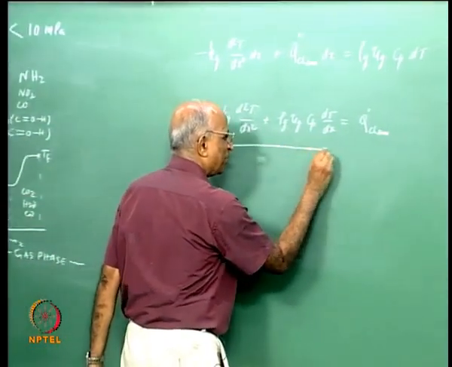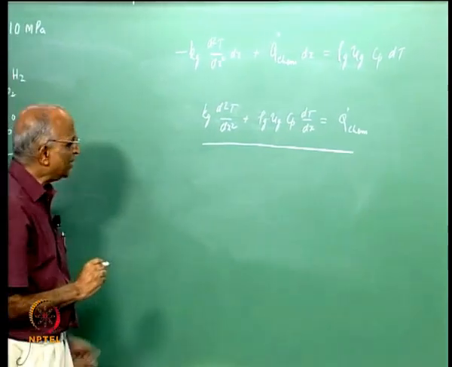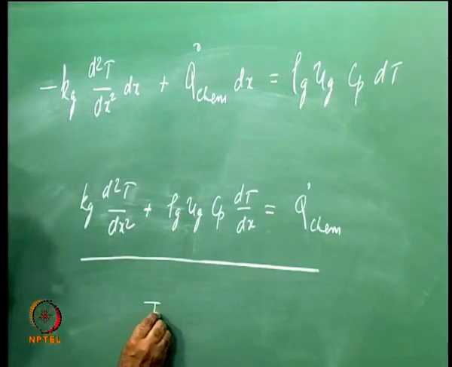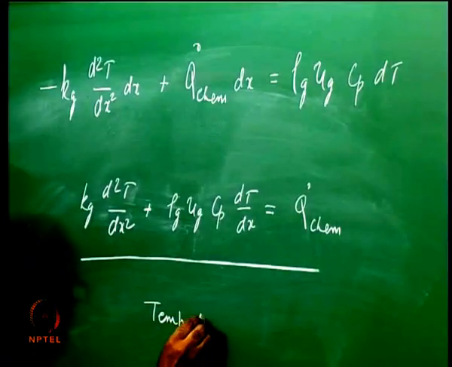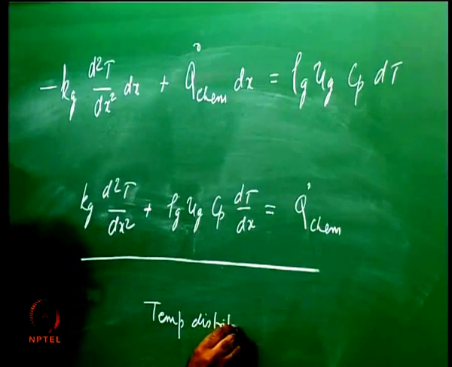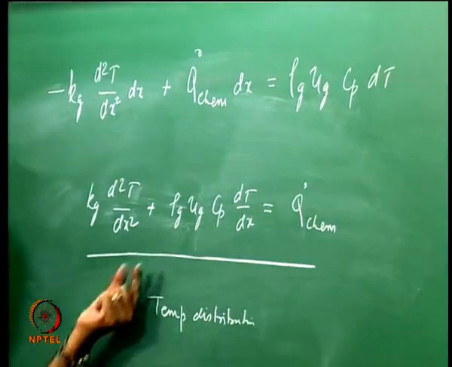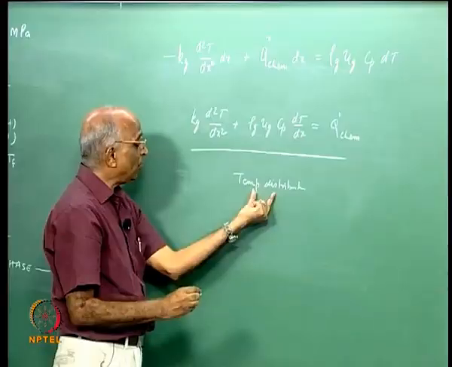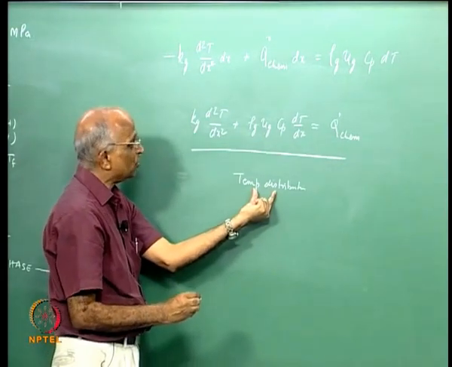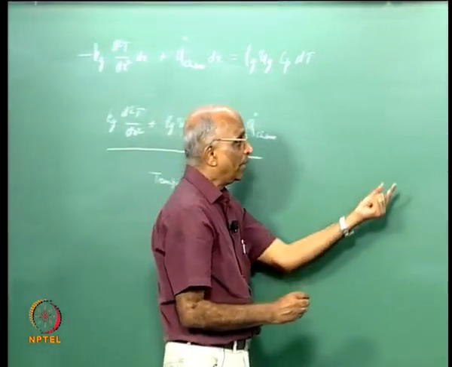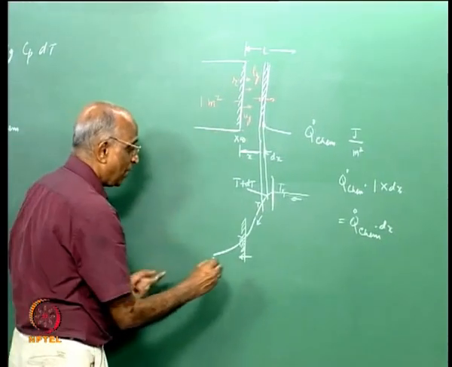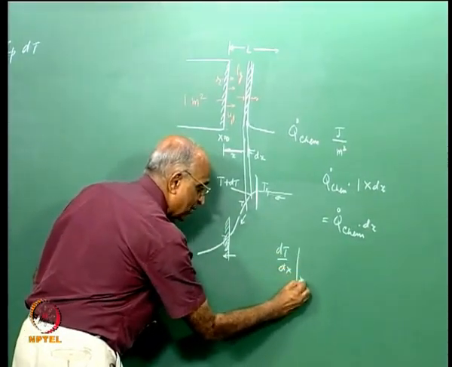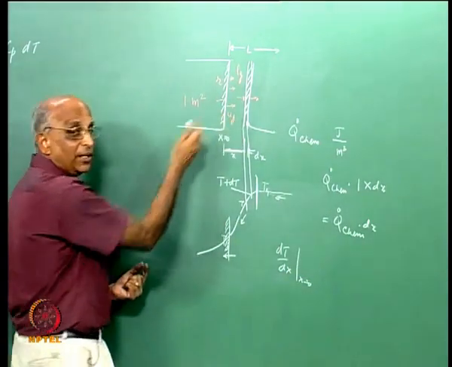See, solving this problem is a little difficult, in the sense all what I can solve is, I can solve for temperature distribution in the Fizz zone, if I know the value of rho g, ug, q chemical, then only I can solve for temperature distribution, and once temperature distribution is there, I can find out at the surface what is the value of dT by dx at x is equal to 0, and then find out the rate of regression.